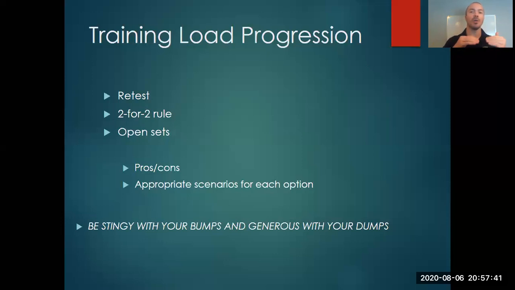So small adjustments on a regular basis might be a better thing to put in italics for next time. But yeah, just keep in mind that these humans will not always be the most consistent lifters. And because of that, we don't want to sort of ping pong their rep max estimates around.